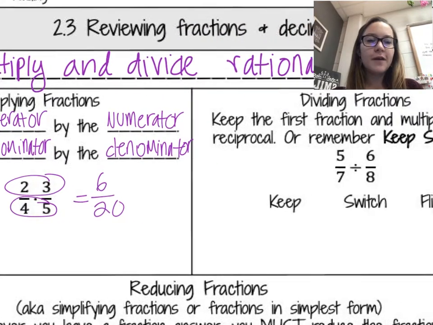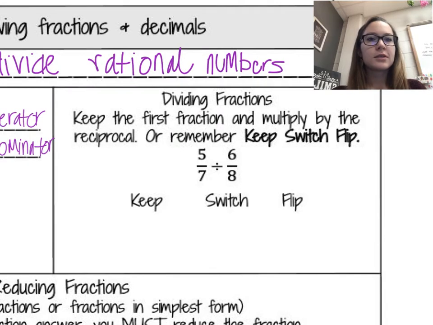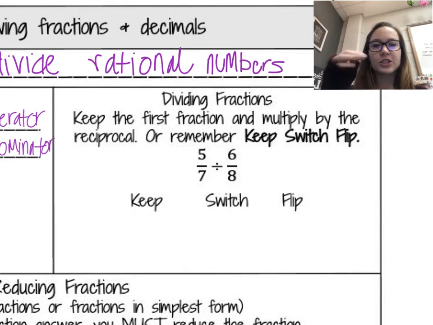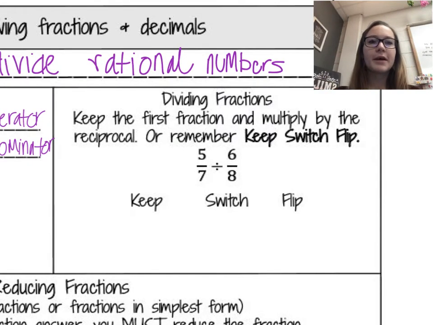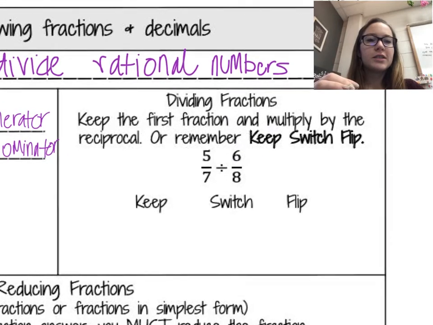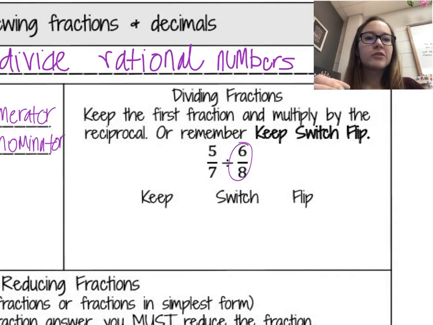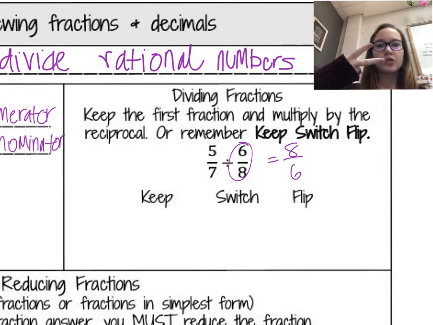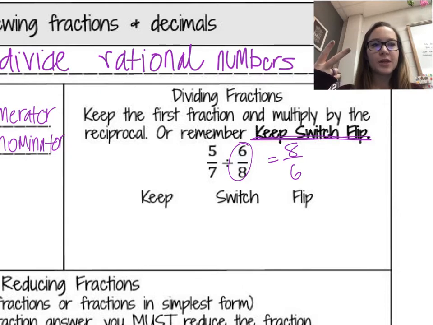So for dividing fractions, we're going to keep the first fraction the same and multiply by the reciprocal, which means 6 over 8, its reciprocal is 8 over 6. So you flip them, or you can remember keep, switch, flip.